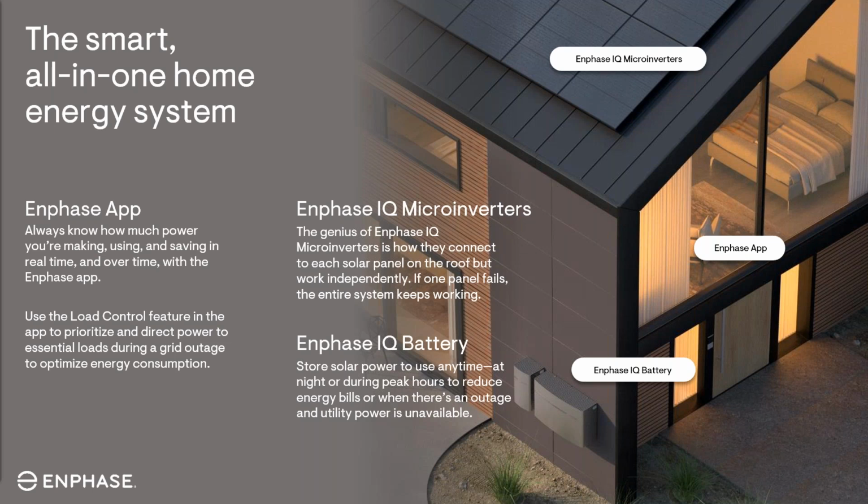The intuitive Enphase app allows the owner to easily monitor and control the entire system. They can see historical energy production by the solar array, the state of charge of their batteries, and they can easily customize the system settings for their individual preferences.